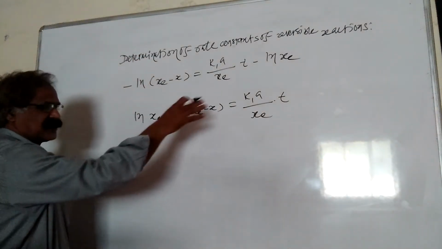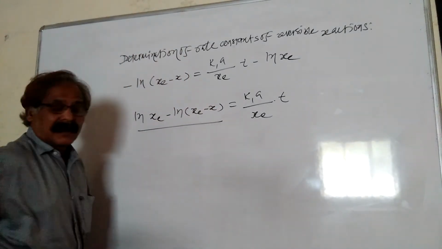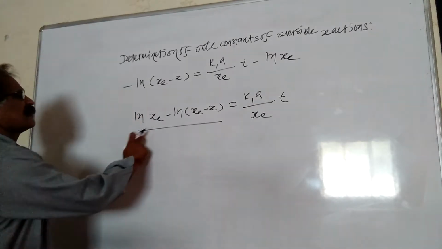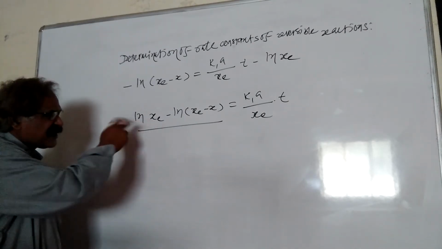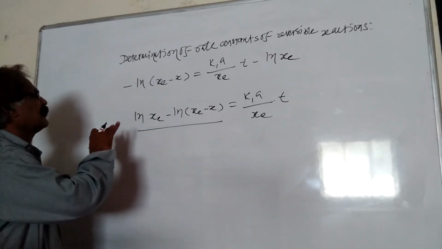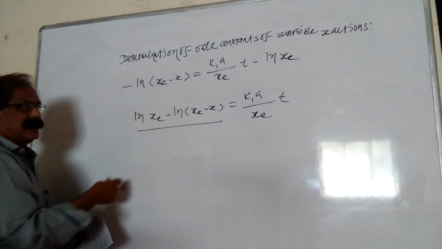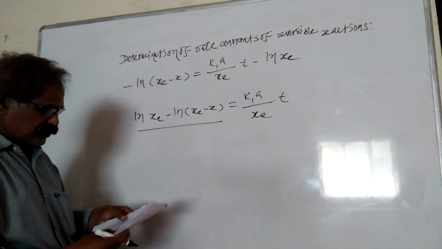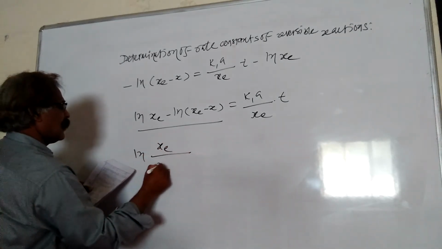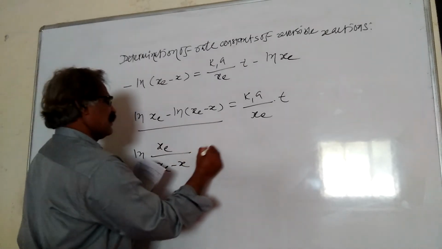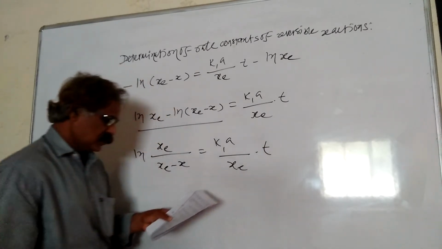Now we can further reduce this expression, because the LHS of this equation is a subtraction of logarithms of the type log a minus log b. So we can write this equation as natural logarithm of xe upon xe minus x is equal to k1a upon xe into t.